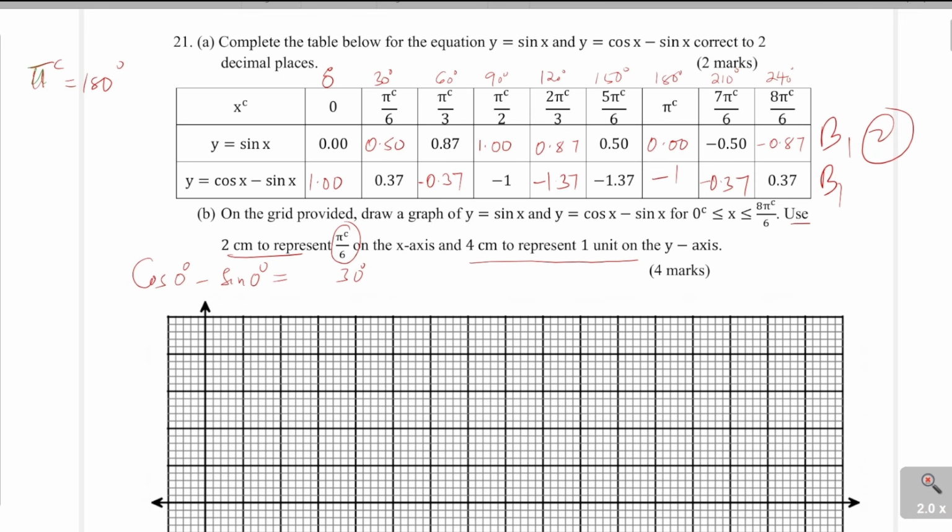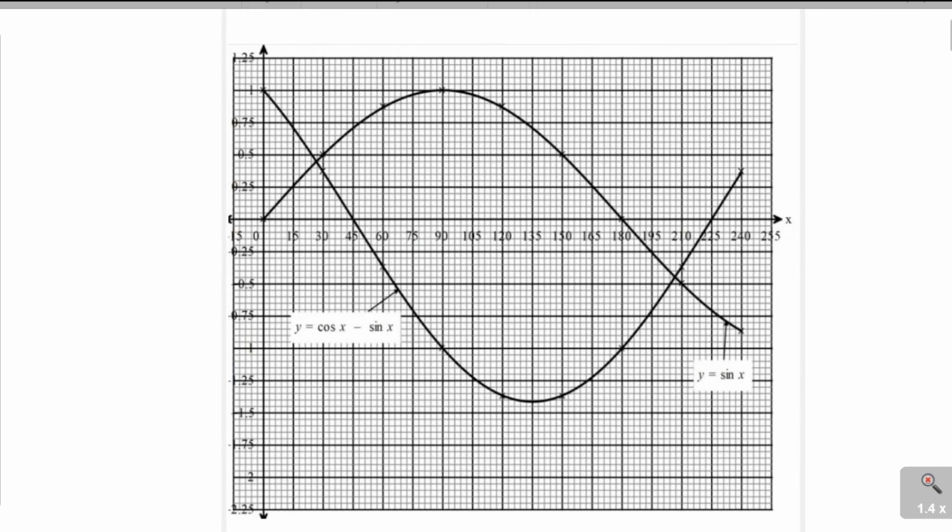So just explain. Once you have the table of values correctly filled and you have the scale, you just need to draw the x and the y-axis, put the scale, and then you just need to be very keen with what exactly one small square represents. I'll take you through. So I have already the graph here. You can see on the y-axis, you need to know one small square.